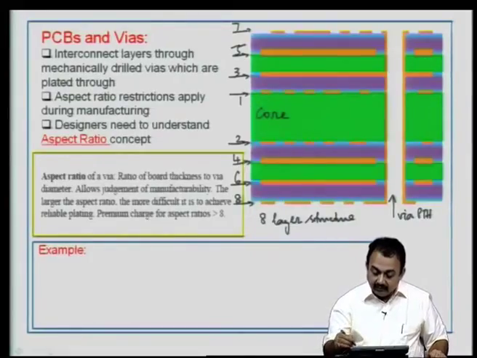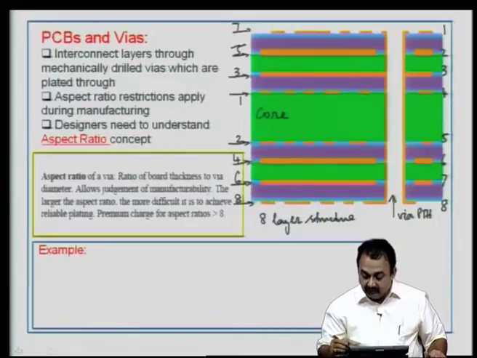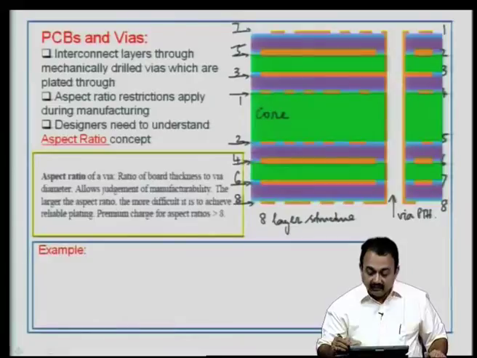In some other notation you can call this 1 and 8, 2, 3, 4, 5, 6, 7 and 8. So, typically now you can say layer 1 and layer 8 electrical layers are connected by a mechanically drilled through hole structure.